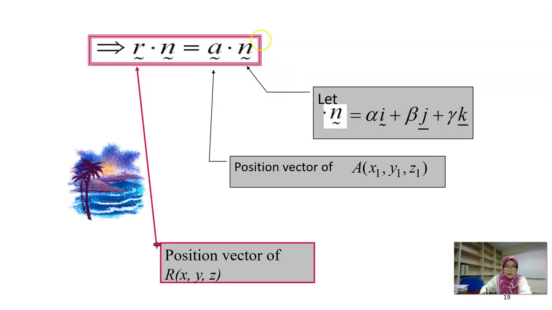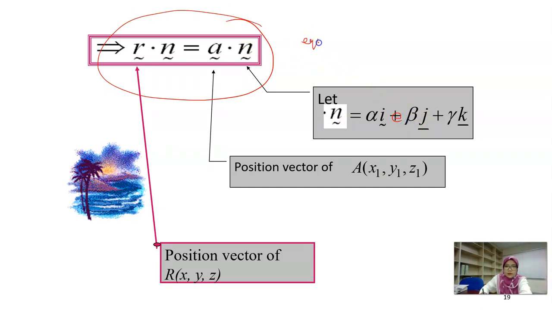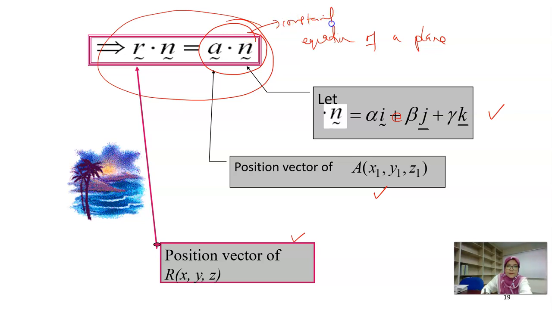So you must remember this equation. In order to find the equation of a plane, what you need are the normal, the position vector of a and the position vector of r, then you have r dot n equals a dot n. The dot product or scalar product of a dot n gives you a constant.